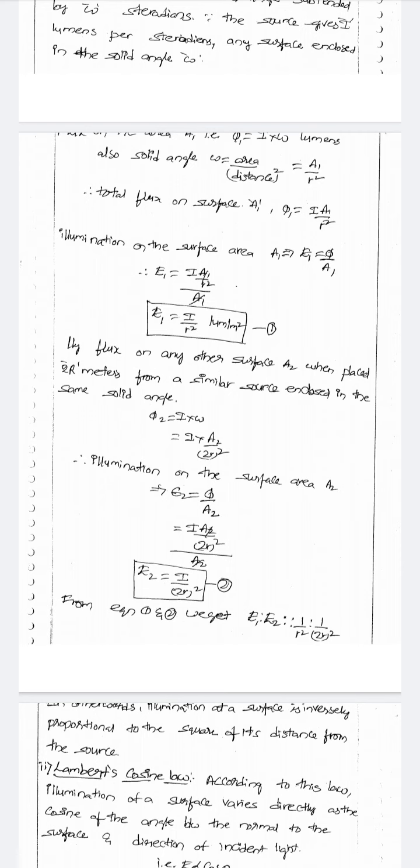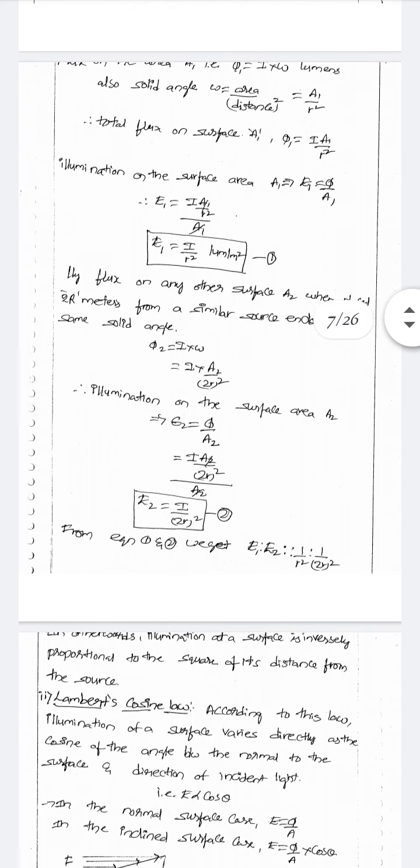So from equations 1 and 2, E1 is proportional to E2, that is 1 by r square is to 1 by 2r square, where A1 and A2 are the areas subtended. Then finally E1 is to E2 is equal to 1 by r square is to 1 by 2r square.